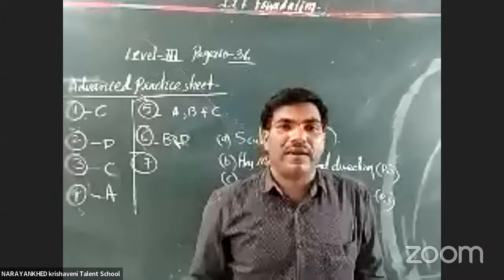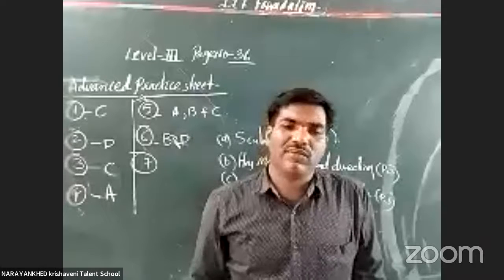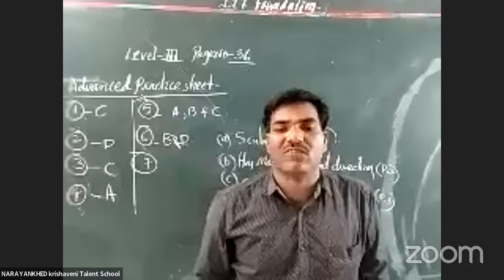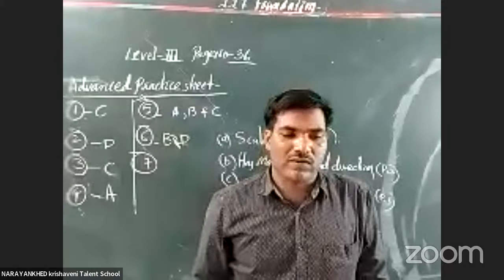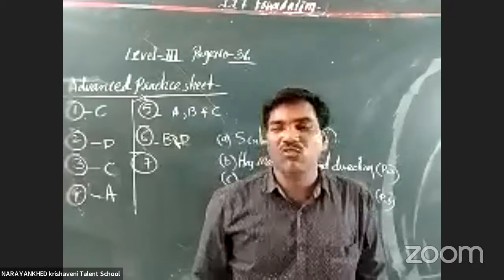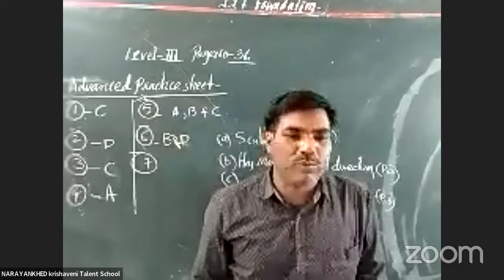You must compulsorily complete these notes, and also complete all the practice things. Once again, see the practice things: why that is the only answer, why the remaining things are not answers. Check why it is not the answer and why it is the answer. At that time only it will be complete.